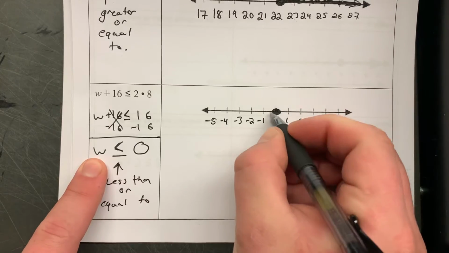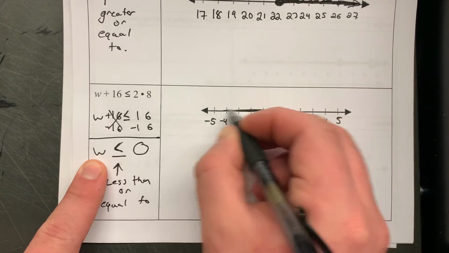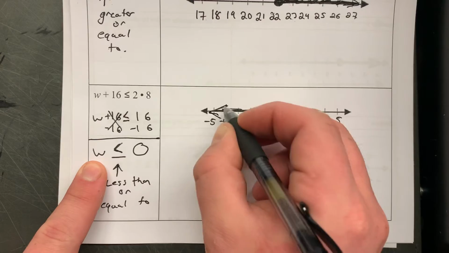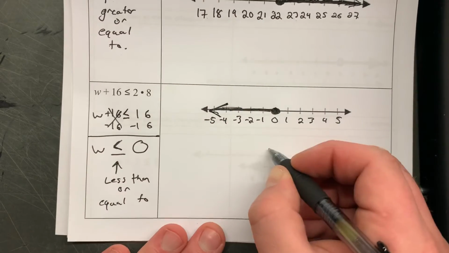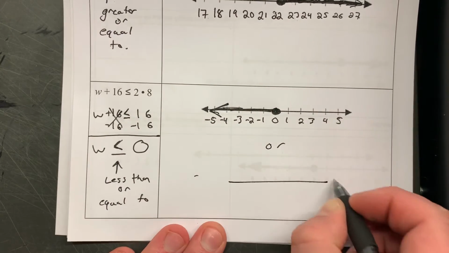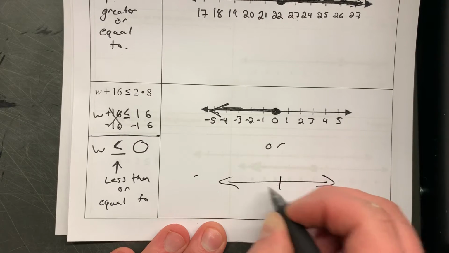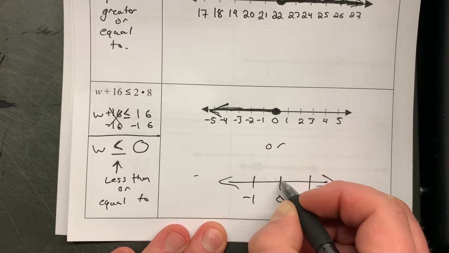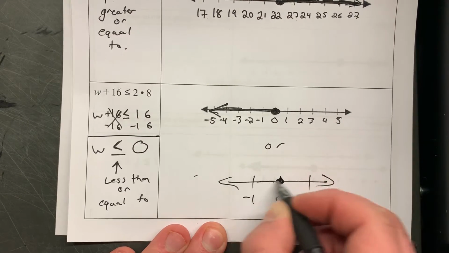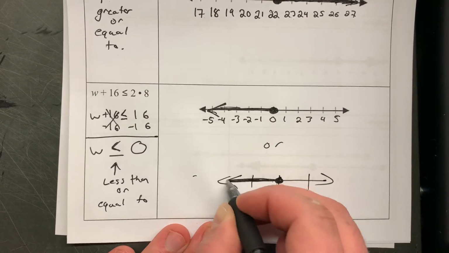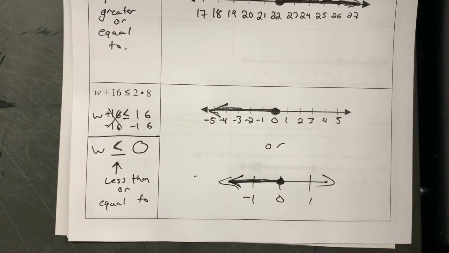Since it's less than 0, we are having it go to our left to show that it's less than. You can always do the other way as well, as being 0, negative 1, and 1. Doing a closed circle and going down. Two different ways that you can show it.